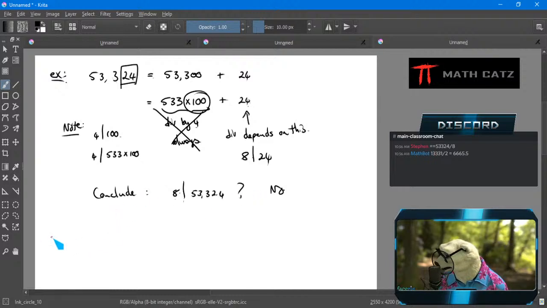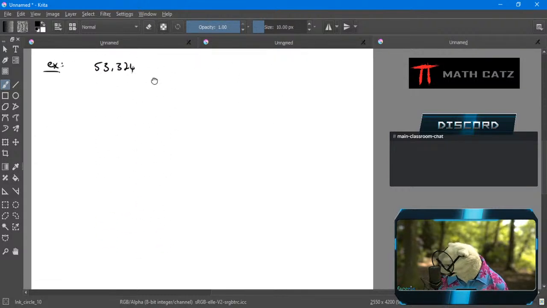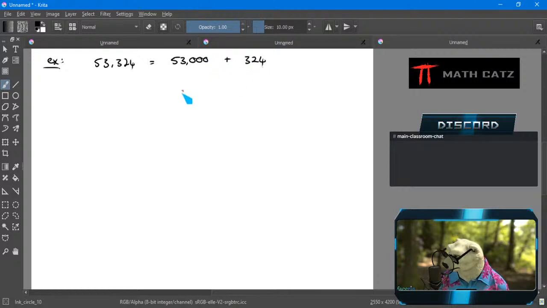So how can we adjust this so that I can have a test for 8? Well, let's take the same number. I just don't want to keep erasing this. We're going to have to pull it apart in a different way. I'm going to take 53,000 and then I'm going to take 324.